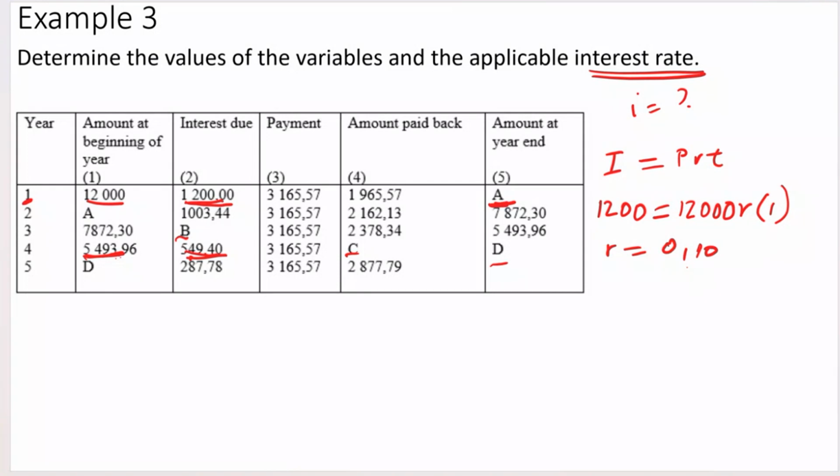How do you calculate your A? You know that whatever is here is going to be here. The formula for your A, the amount at the end: the principal at the end is equal to the principal at the beginning minus the amount that you have paid.